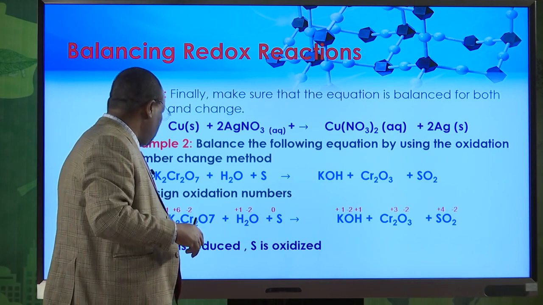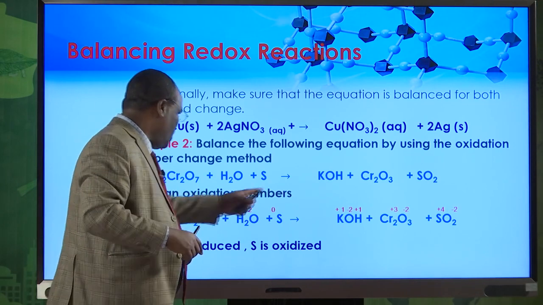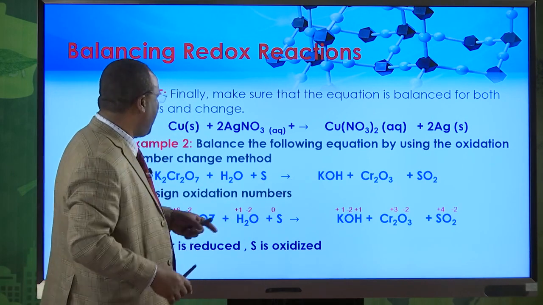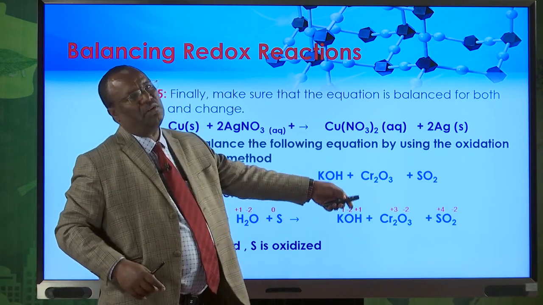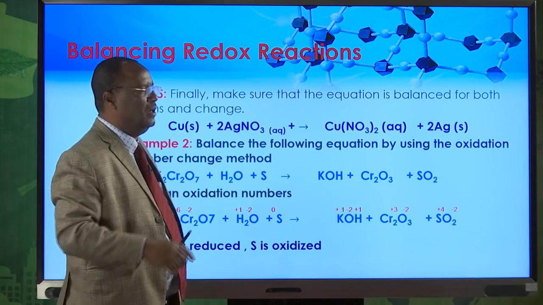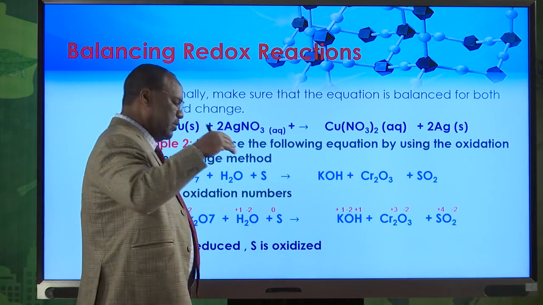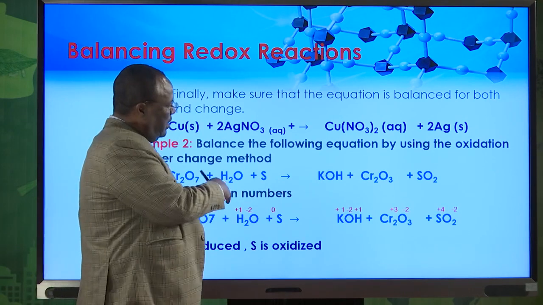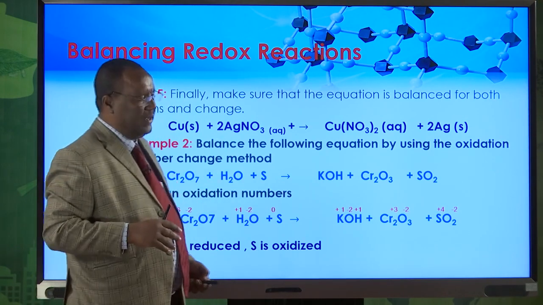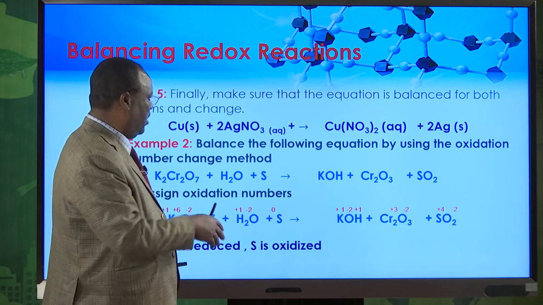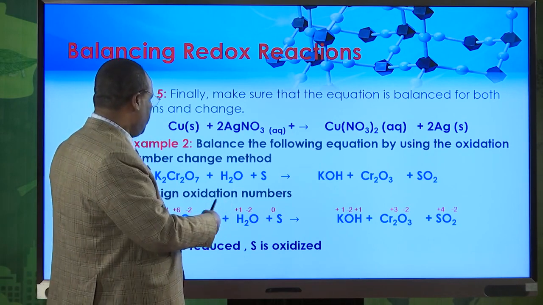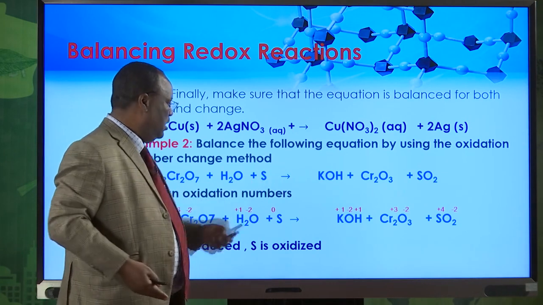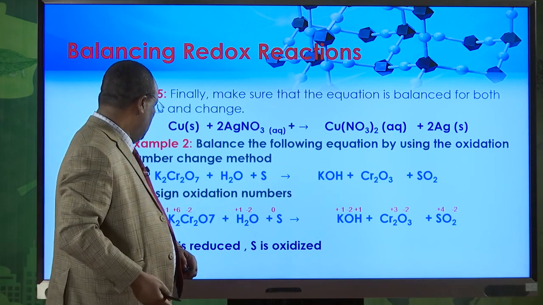Chromium is reduced from +6 to +3. Sulfur is oxidized from 0 to +4. There is a change in the oxidation number of chromium and sulfur in this equation. There is no change on the other atoms. The only change in oxidation number is on the chromium and sulfur atoms.